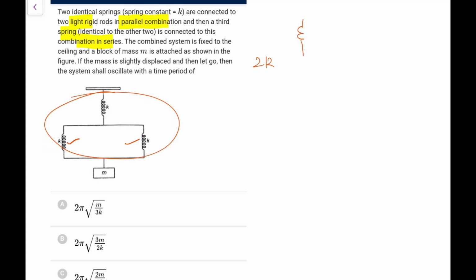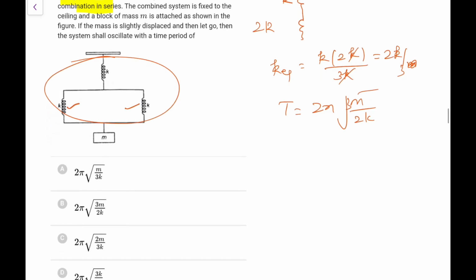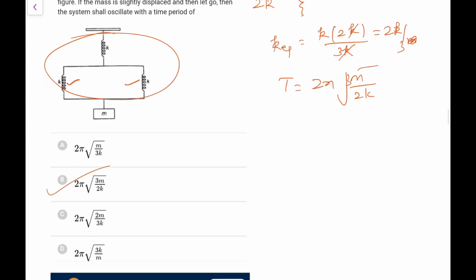Now you have K and this 2K in series. In series, K into 2K upon K plus 2K, that is 3K, so it becomes 2K by 3. So the time period you could directly write as 2 pi root M by K equivalent, which is 2K by 3, so that would be 3M by 2K. So going by the options, it should be option B. Simply the equivalent spring constant you need to find out, a standard profile of SHM.